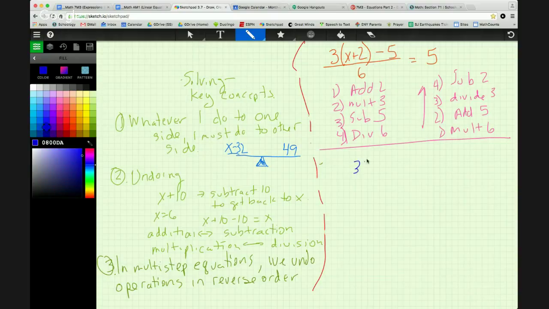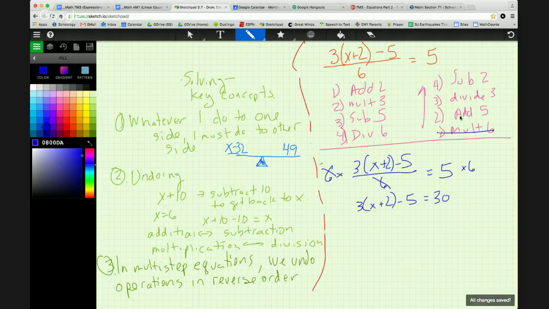So let's write 3 times (x + 2) minus 5, all over 6, equals 5. So we're going to multiply both sides by 6. This 6 cancels with this 6, and so we're left with 3 times (x + 2) minus 5 equals 5 times 6, which is 30.